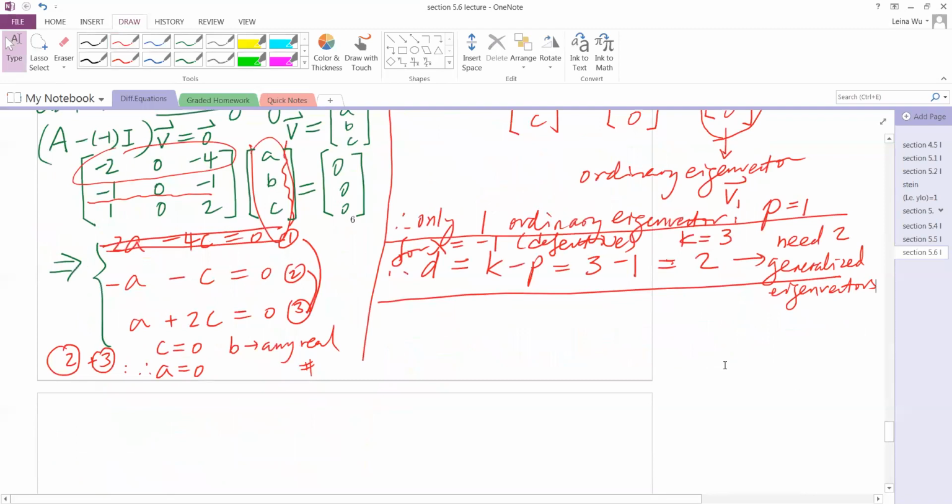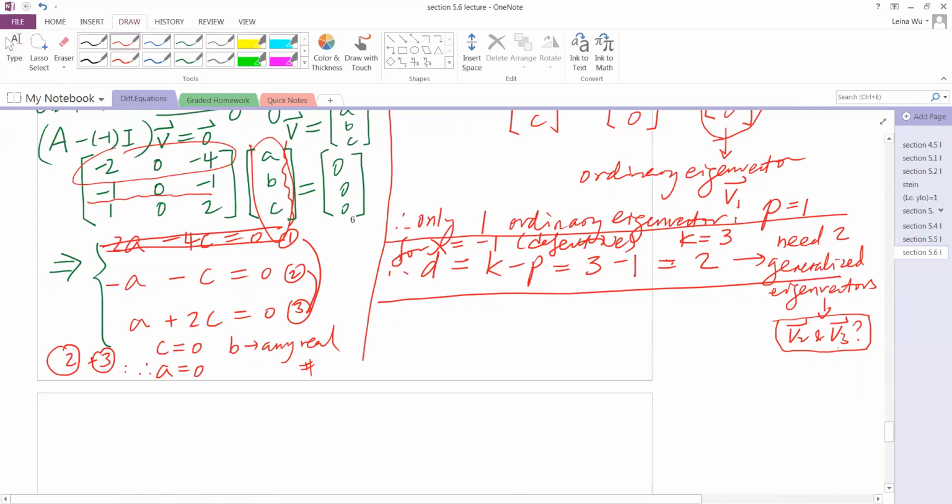Good so far? Okay, next we're going to look for these 2 generalized eigenvectors. Let's call them V2 and V3.